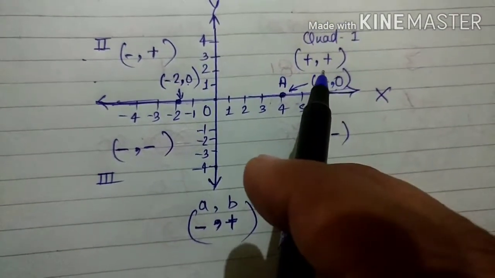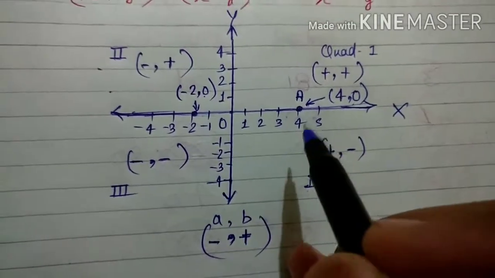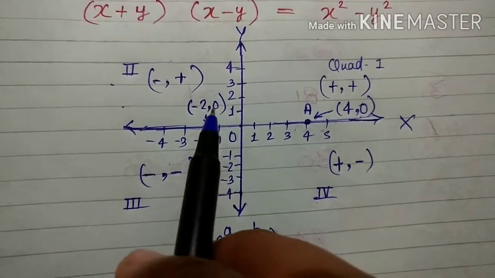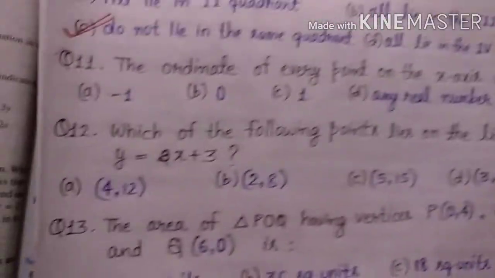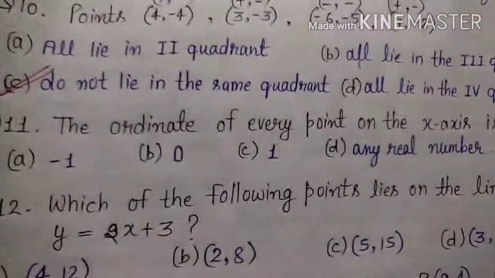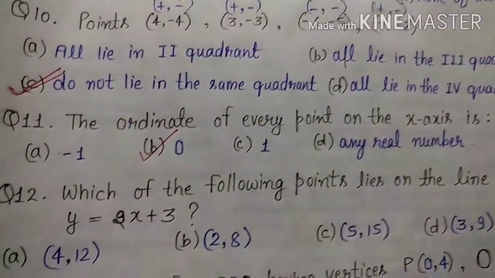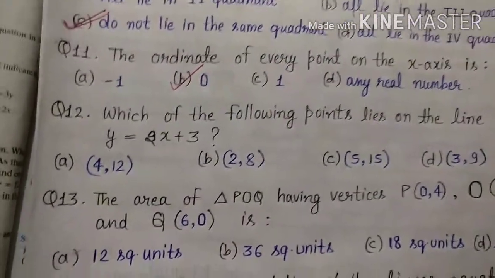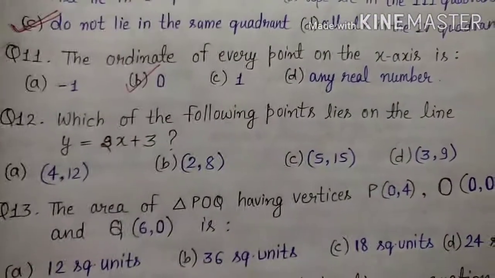That is the reason the points are on the x-axis. So the value of y will always come as 0. What is the answer of this question? The ordinate of every point on the x-axis is 0. Those who have seen my videos on coordinate geometry can easily find this answer.